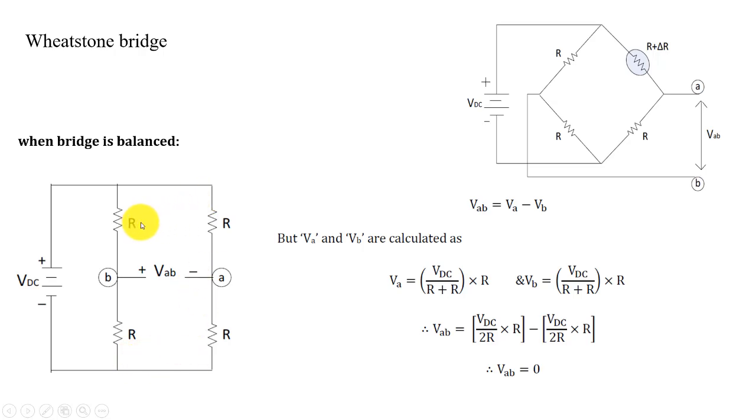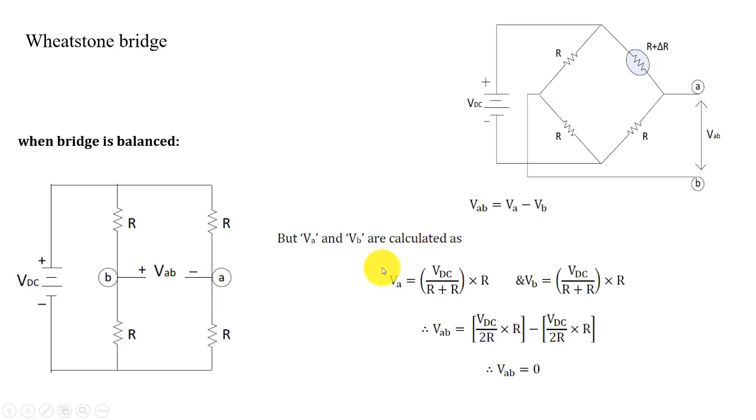Here we have four resistors connected, followed by the DC source VDC. All the values of the resistance are the same. Means when all the resistances connected in each arm are equal, the difference of voltage VA minus VB is equal to 0, and that condition is called the balance condition.